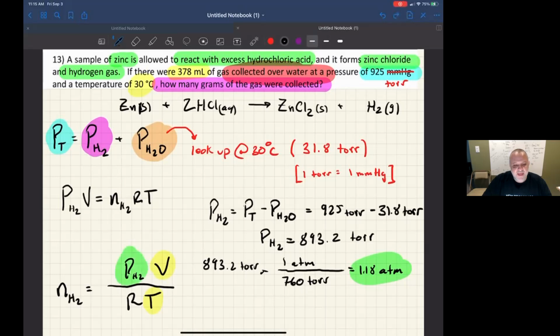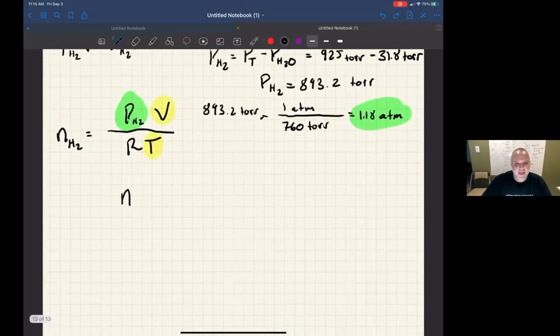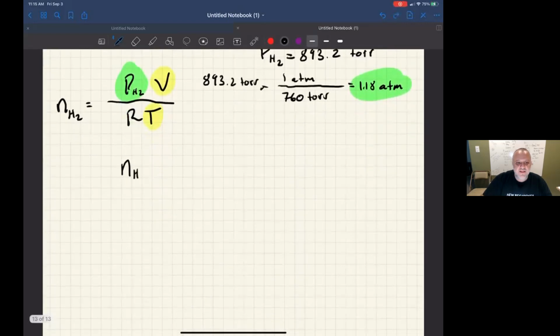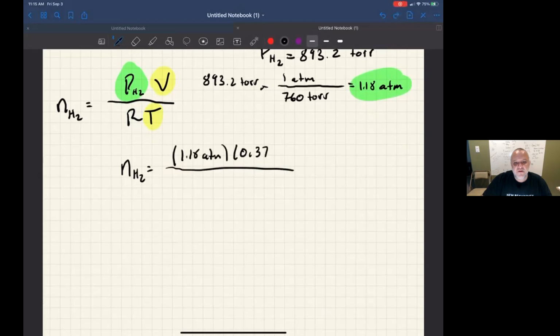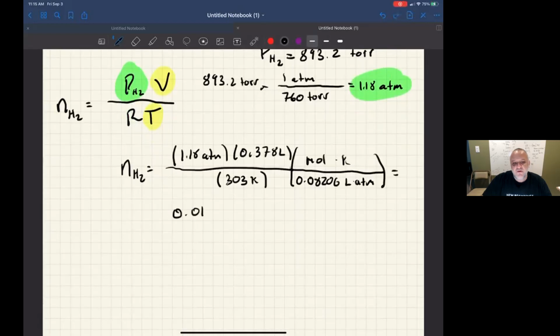And so now I can put that into my ideal gas law equation to calculate the number of moles of hydrogen. So 1.18 atmospheres, convert that 378 milliliters to liters, convert that temperature, 30 degrees Celsius, to Kelvin, that's 303, put in my gas law constant, and I can put this into my calculator and I get 0.179 moles of H2.